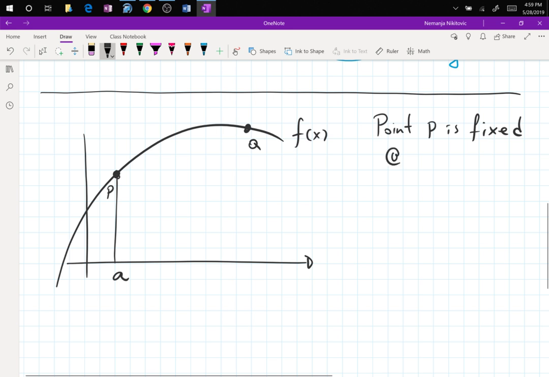Fixed point at A, f of A. So point P is a fixed point.